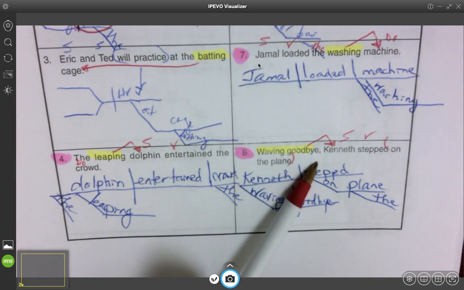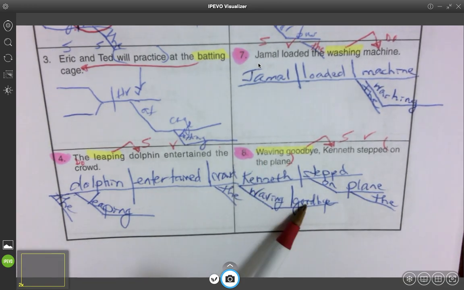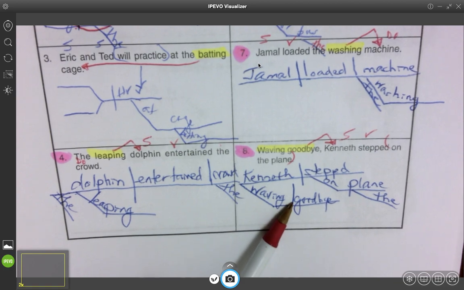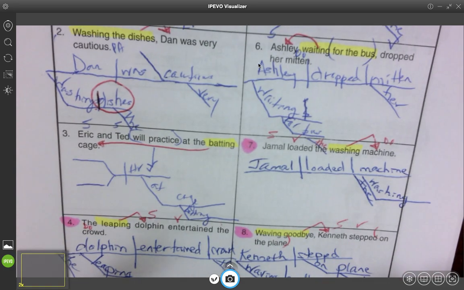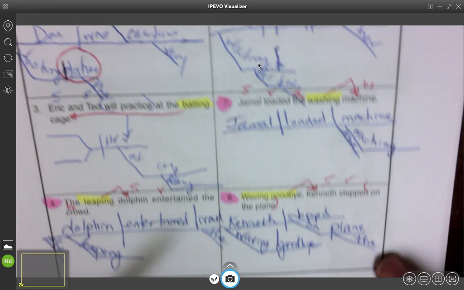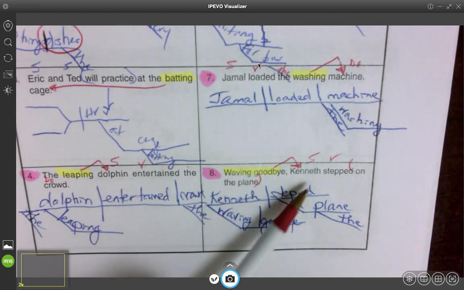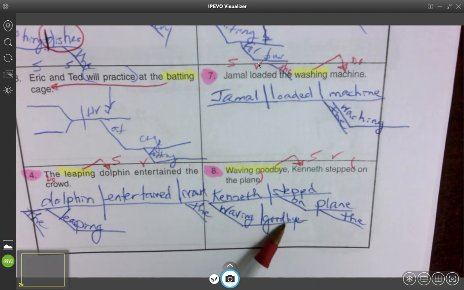Kenneth stepped on the plane. Waving goodbye. Again, this has an object like sentence number 2, washing dishes. Waving goodbye, modifying Kenneth. Participle, object of the participle.